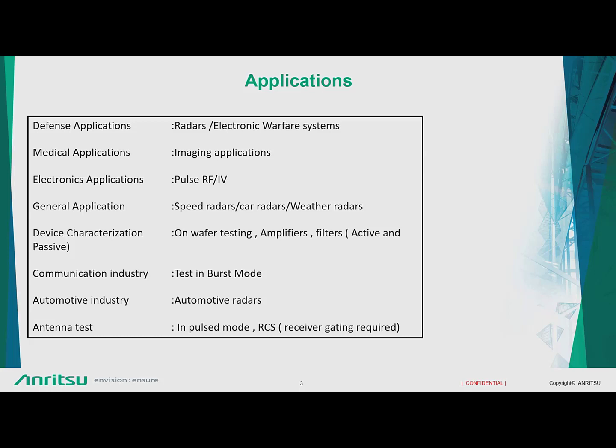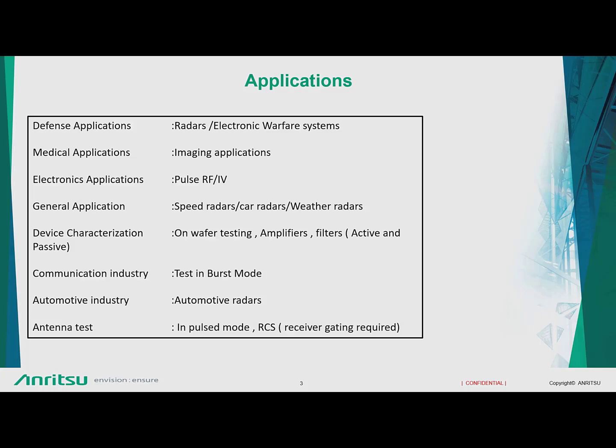Nowadays we are seeing a lot of medical applications also for imaging applications. So there are some people in the medical domain who are using VNAs to actually see if there is a kind of a tumor or a tissue accumulation, and for that they need pulse system, and they can actually do an imaging of the human tissue as well.